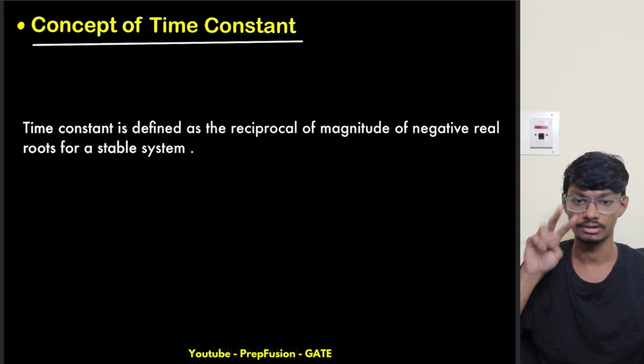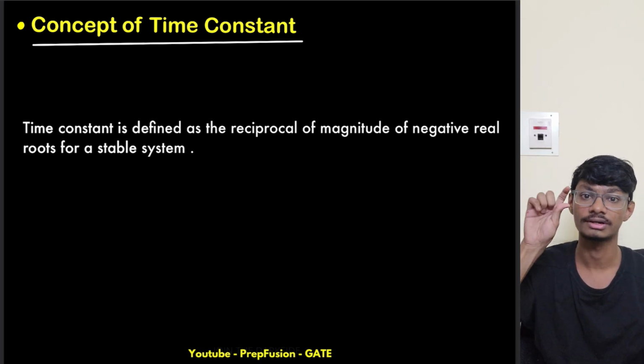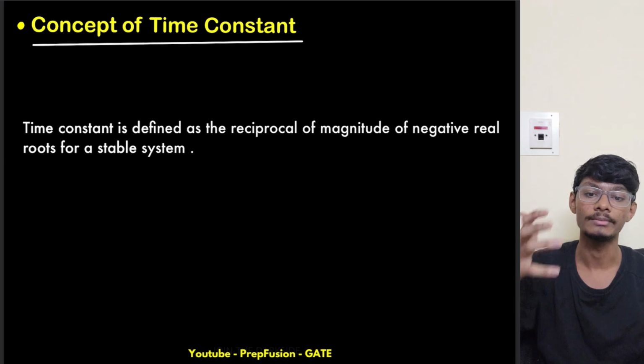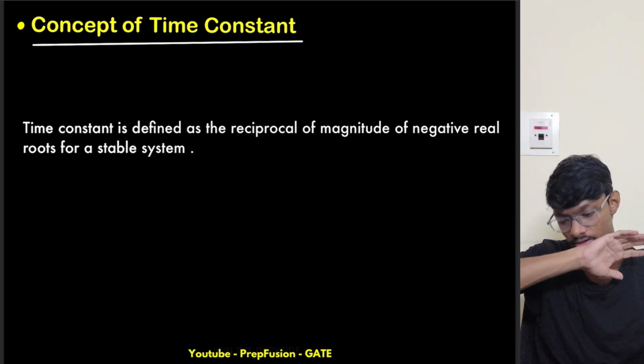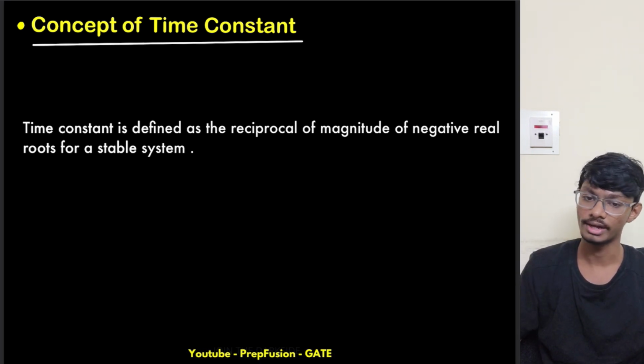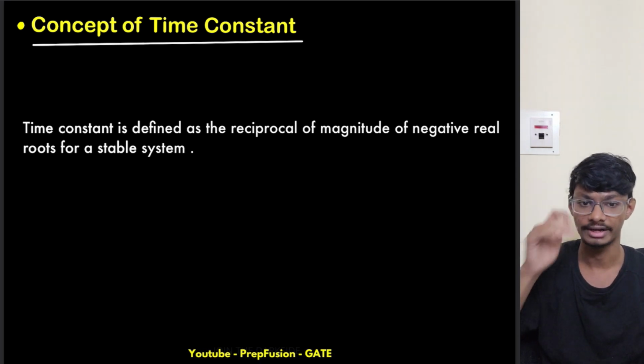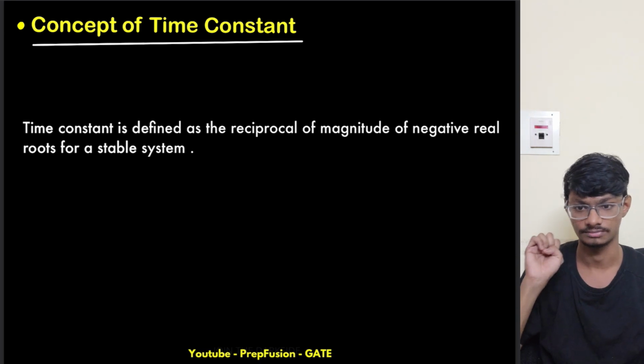S has a real and an imaginary part, so the inverse of the real part is known as the time constant. There can be many time constants in a system because there can be many poles. Each pole has its real component, and the negative inverse of that real component, or its magnitude, is the time constant.